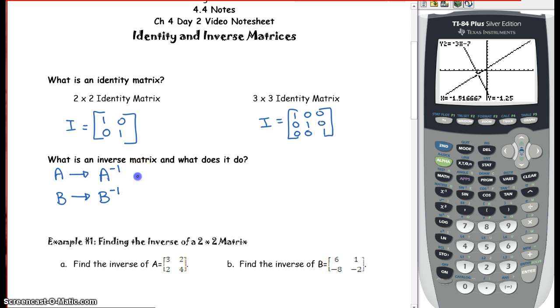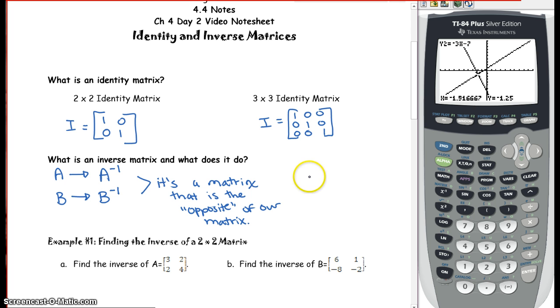I like to say it's a matrix that is the opposite of our matrix. I put opposite in parentheses because when I say opposite, I'm thinking like if I have 3x equals 5, the opposite of multiplication is division.